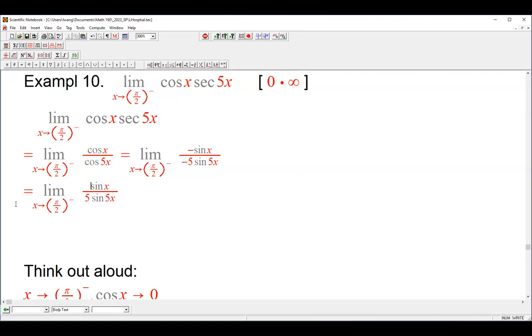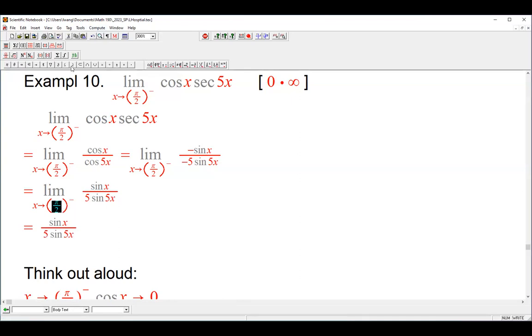Then x is approaching pi over 2 from smaller than pi over 2. And don't forget, sine is a continuous function as x approaches pi over 2 and the denominator is not 0. We can do a direct substitution. Good news, isn't it? So now we can do direct substitution using the continuity concept.